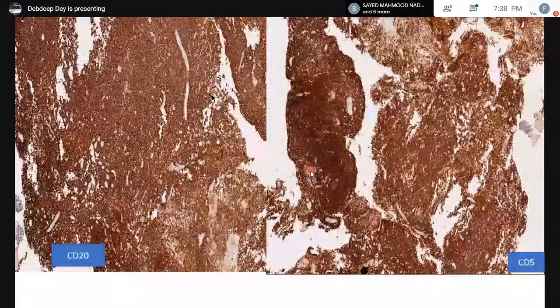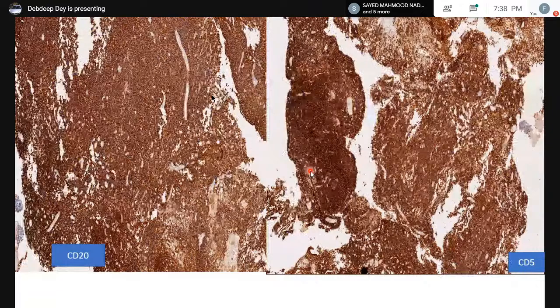When you do the immunostains, it's CD20 positive, CD5 positive.